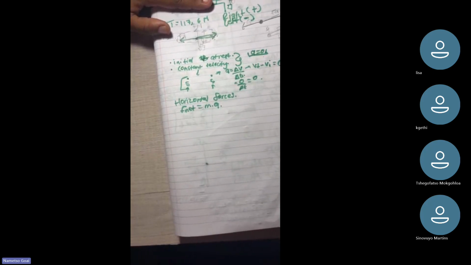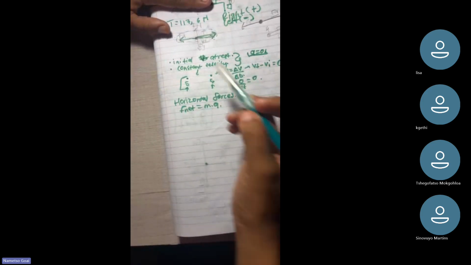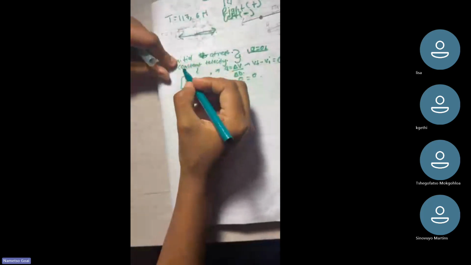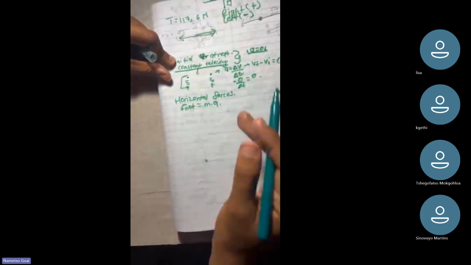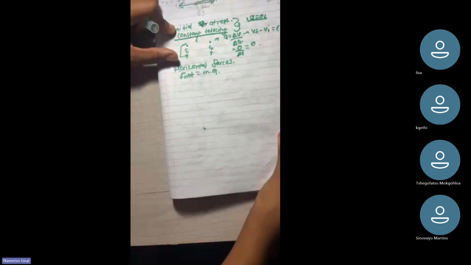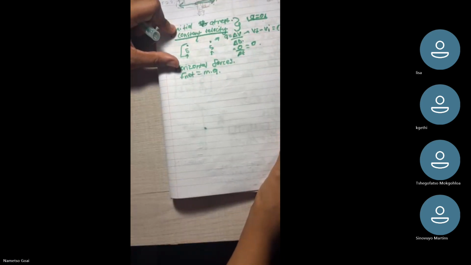But look at what they say at the end: block A moves to the left at a constant velocity. Remember, I said our keyword is going to be constant velocity. Even if you are moving, you can move at a constant velocity, and if you move at a constant velocity, our acceleration is going to be zero.